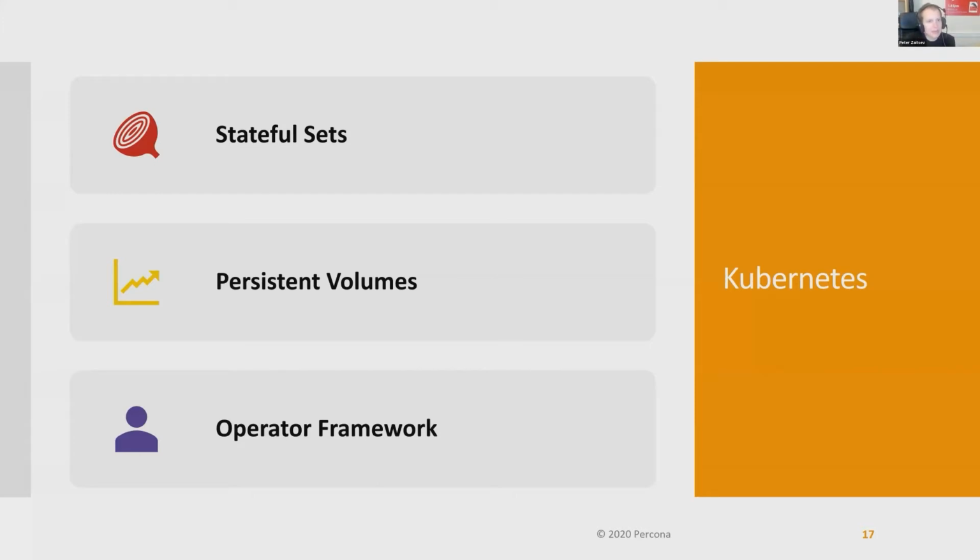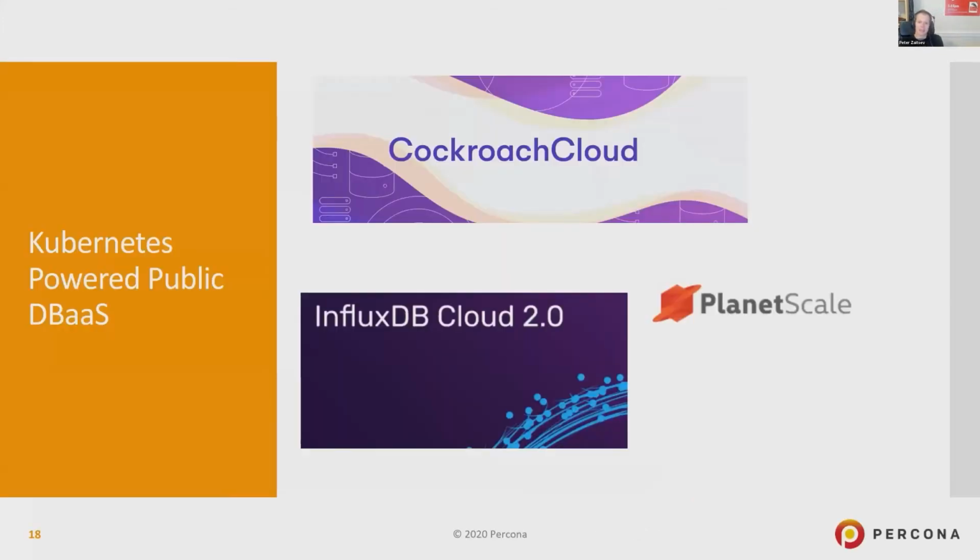Now, it is not just that Kubernetes has those features, but we also have a number of solutions right now which are built on Kubernetes and running at the scale of thousands and tens of thousands of instances.